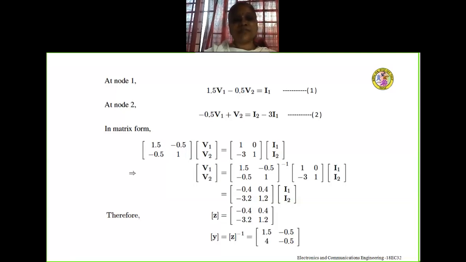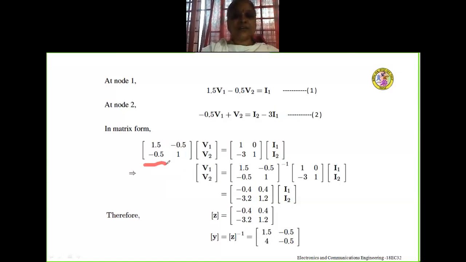1.5, minus 0.5, minus 0.5, 1 multiplied by the column matrix V1, V2 is equal to the coefficients of I1 and I2, nothing but 1, 0, minus 3, 1 with the column matrix I1, I2. Now I just take this particular matrix on the right side of the equation.